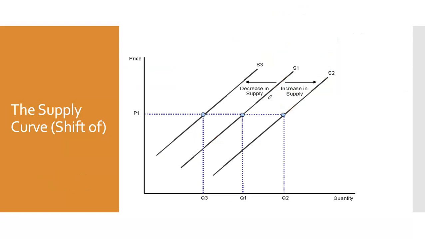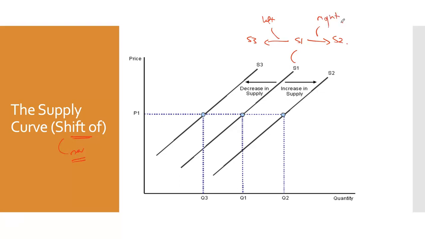Perhaps more interesting is when we have a shift of the supply curve. So we have a whole new supply curve. You can see the original supply curve was S1, and we can either shift to the right, going from S1 to S2, or we can go from S1 to S3 and have a shift to the left. So moving to the left or moving to the right.